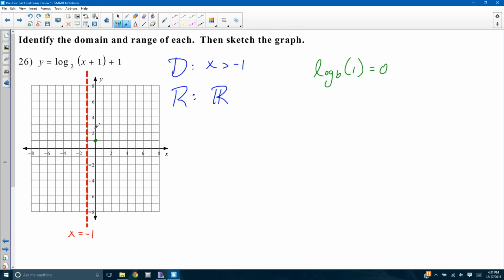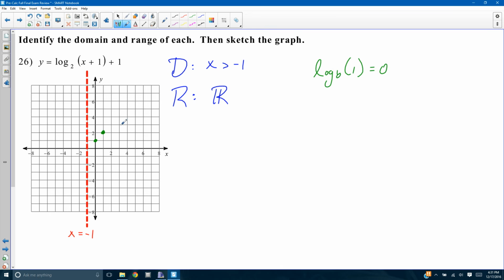So my x distances here are going to double their distance away every time my y value, my exponent, increases by 1. Remember, y is now the exponent. This is 1 unit away from the asymptote. As y increases by 1, your x value doubles. There's another point. You plug in 1 for x, you'll get 2 for y.